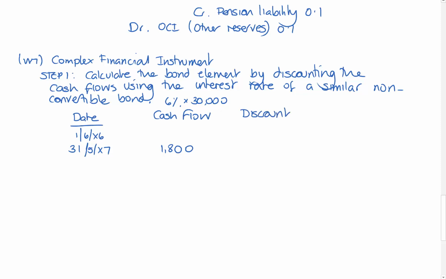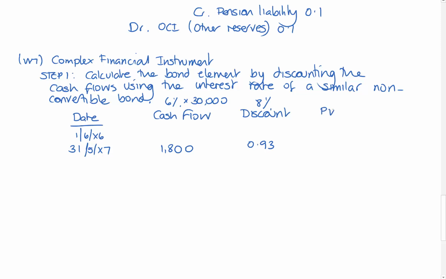But we're going to discount that using the rate of interest on a similar non-convertible bond. That's going to be 8%. So what I need to do here is to take 1 and divide that by 8%. So that gives me a figure of 0.93.